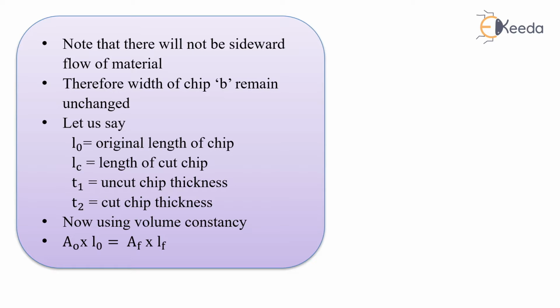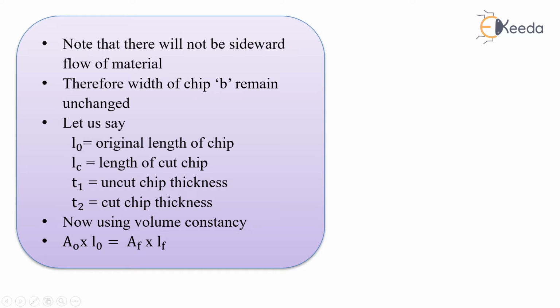That is why the width of the chip, represented by small b, remains unchanged. Please remember this. Width of the chip remains constant. Now, if the original length of the chip is LO, then the length of the cut chip, or final length of the chip, is LC.